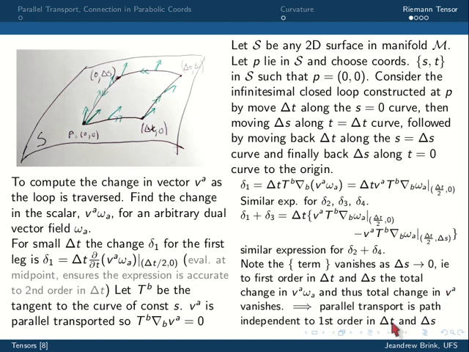So what basically happens is the parallel transport is path independent to first order in delta T and delta S. If delta T and delta S are small, then it's independent of the path. If the path gets large, it's not; it depends on the path. But when these get small, it's independent of the path. And the moment it becomes independent of the path, we have an entity at a point. That entity, we're going to show, is exactly related to the Riemann tensor.